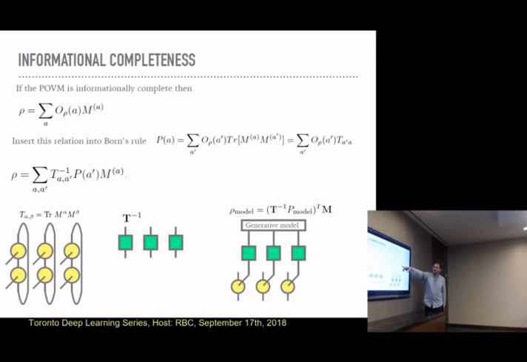Then we have M, the yellow ones. There are two sums, A and A prime. The A prime sum is these lines here, and the A sum is these lines here. That's why I introduced the notation at the beginning: if I have lines, it means I'm summing.